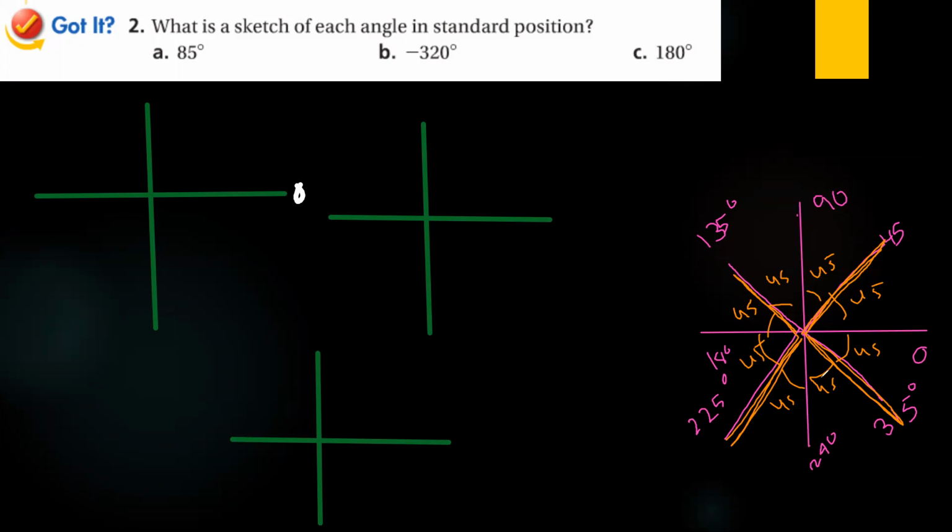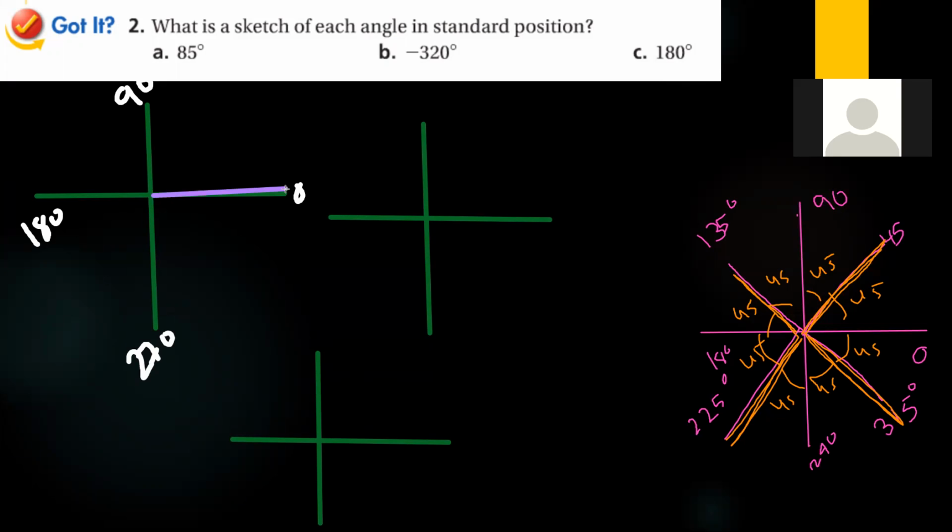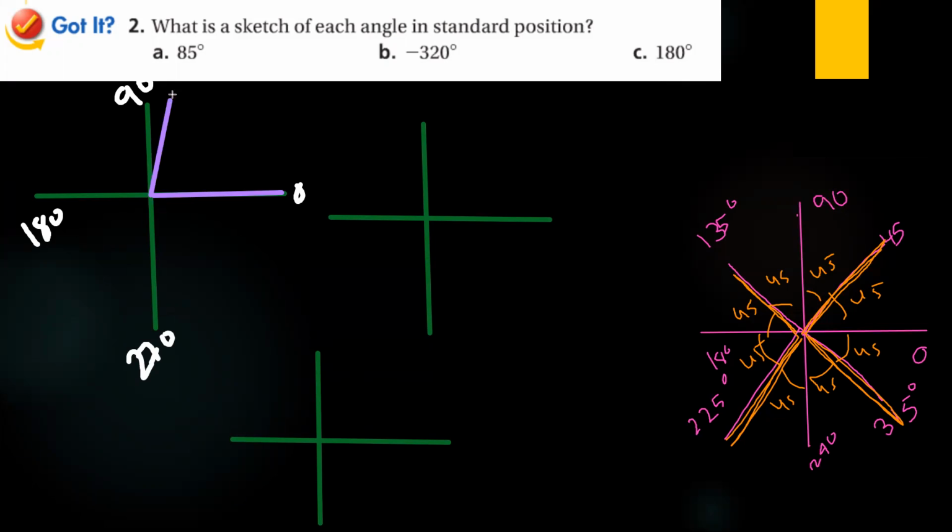So if this is 0, 90, 85 will be 5 degrees before the terminal side. You can tell it is near 90 because it is less than 90. So the angle will be here. Is it clear? This is A.